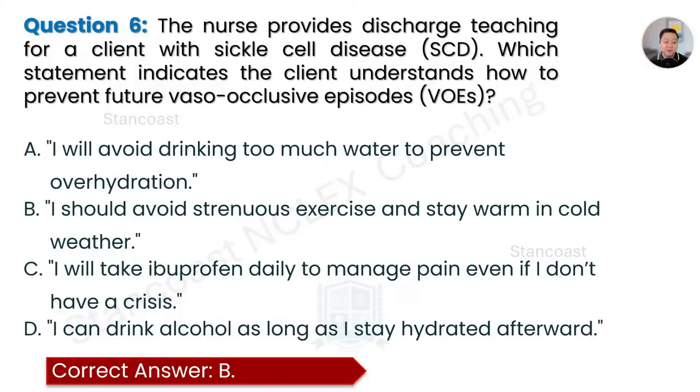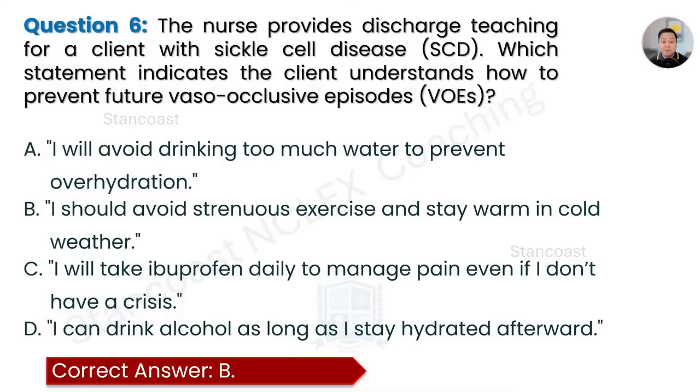So the daily use of ibuprofen without a specific indication is not recommended due to the potential adverse effects such as gastrointestinal irritation, and it can also lead to renal damage.